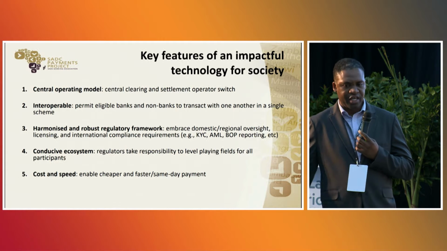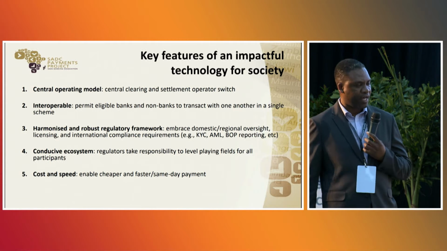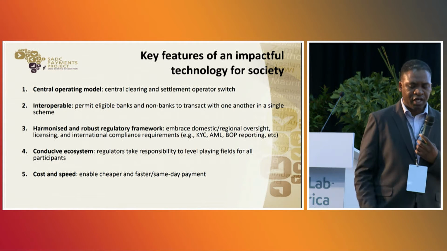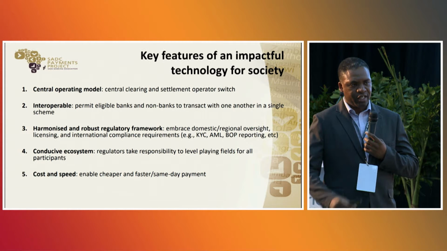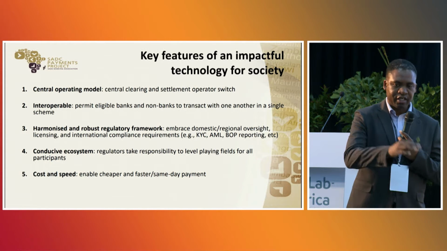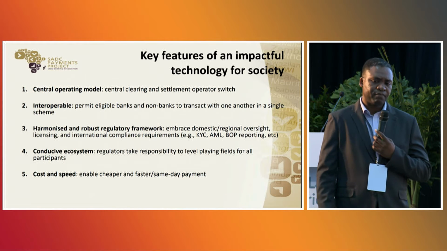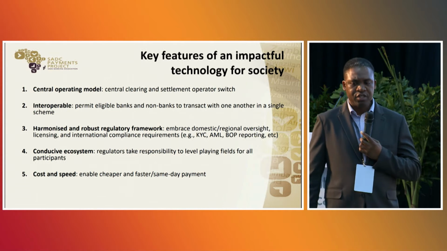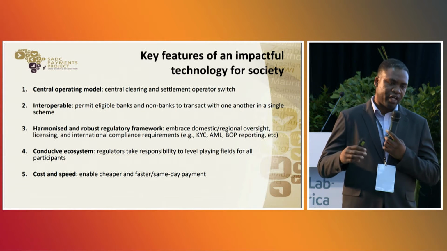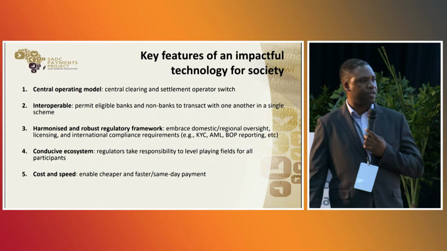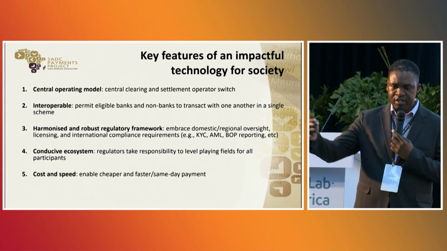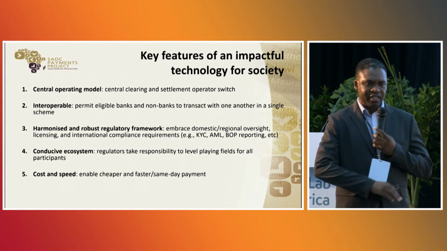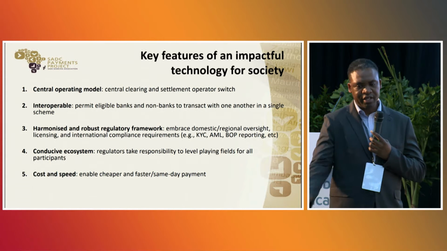Maybe the concept here is to just link up the RTGSs, and voila, we have a regional solution. But with the challenges that kind of model was introducing to the ecosystem, and when you have to do recourse, and the one system is not working on the other hand, the risks and the challenges were endless.